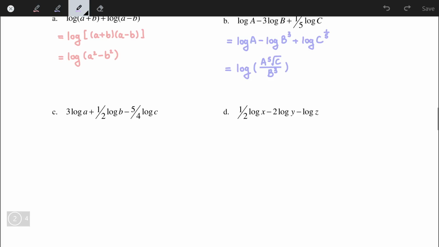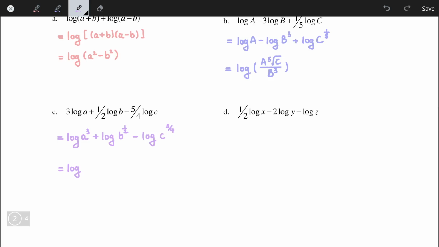Okay. Next example, again, same thing. We're going to use the power law first. So here we have log a cubed, moving the 3, plus log b to the 1/2 power, or the square root of b, and then log c to the 5/4 power. So that will be c to the 5th power and then the 4th root. And then we can combine everything into a single logarithm.